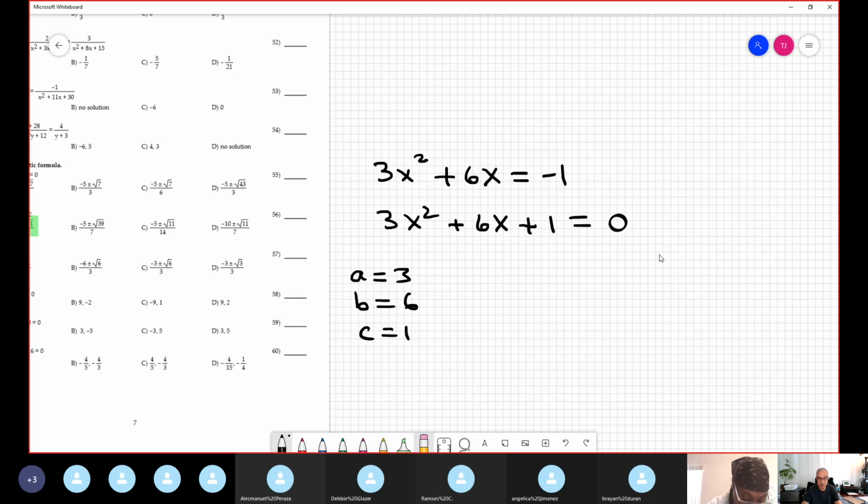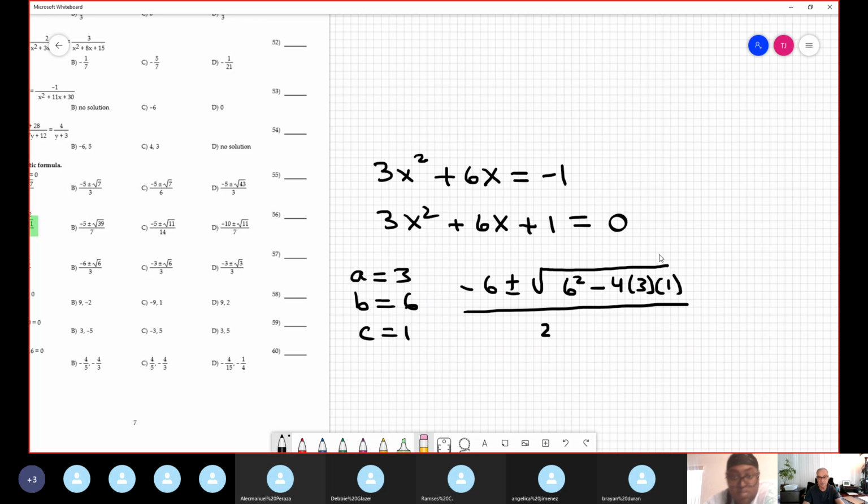You know que it's not necessary to write the quadratic formula again, so I go directly. I know by memory que es minus B, is minus 6 plus or minus square root 6 squared, B squared minus 4 times 3 que es A times C que es 1, divided by 2 times 3.